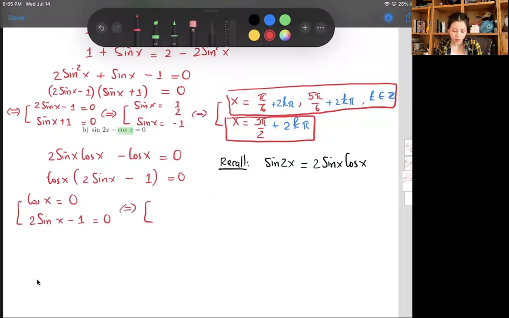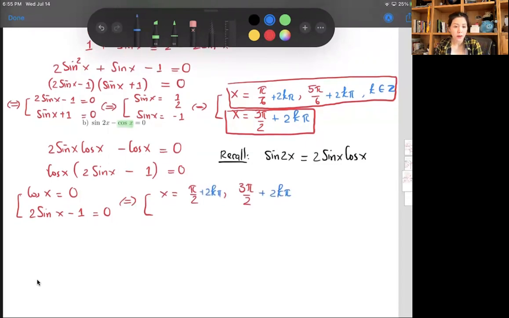On the unit circle, where is cosine x equal to 0? Either x equals pi over 2 or 3 pi over 2, and then you add 2k pi. The second one, I'm going to add 1 and divide by 2, so sine x equals 1/2.